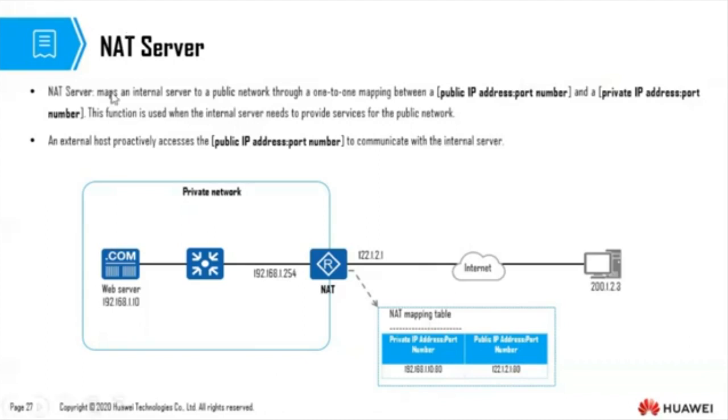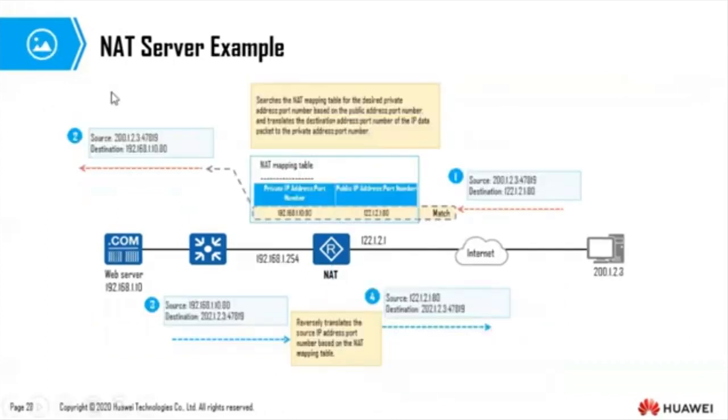Okay. So let's look how that happens. So we have a guy who wants to access our website. So they enter www.mmu.ac.ke. So within our network, we have a server where we've hosted our website. It's called a web server.